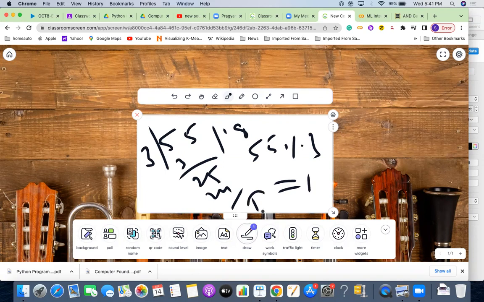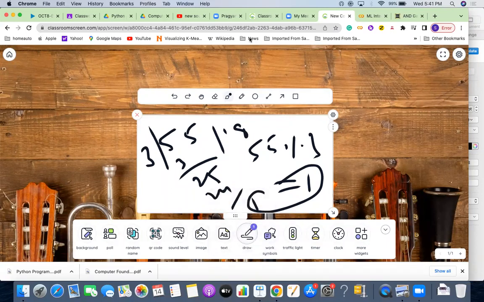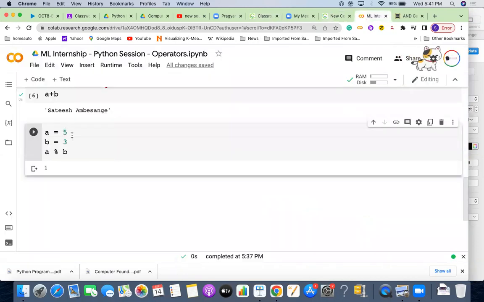Sorry, 1. So do you understand what modulus is? Yes, sir. Now can you explain this? I am writing A modulus B, what would be the result?